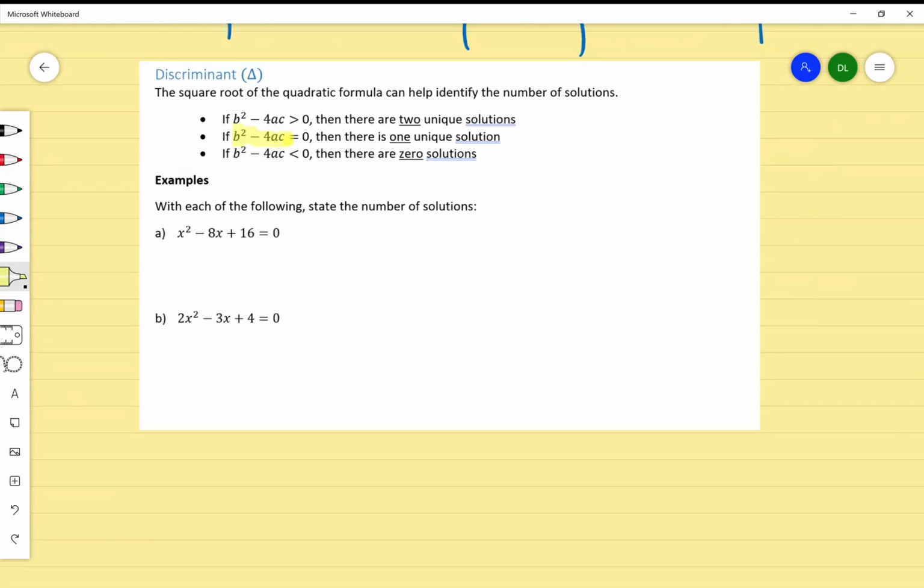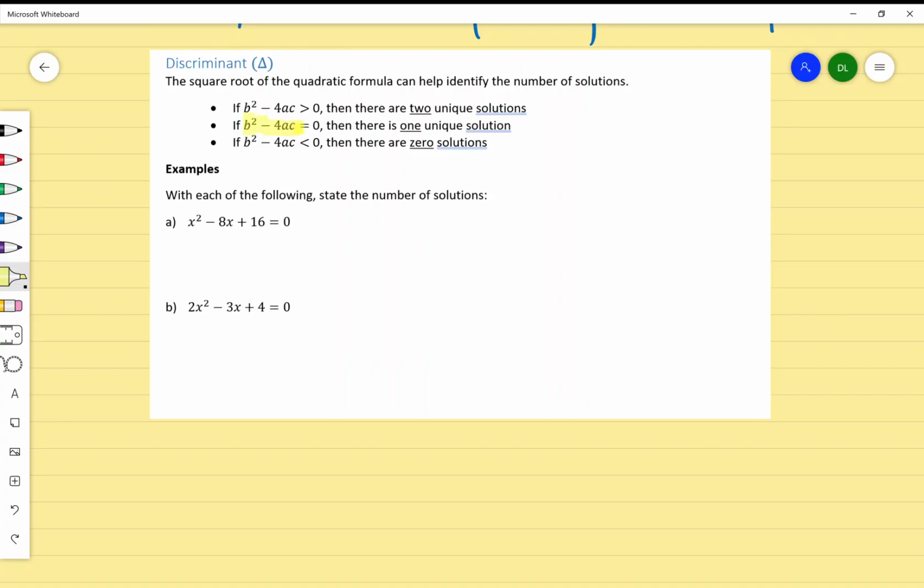Okay. So if we sub in the values a, b, and c, to get b squared minus 4ac, and it equals 0, there is only one unique solution. Does that make sense? And the same thing applies: if it's greater than 0, then there are 2 unique solutions.